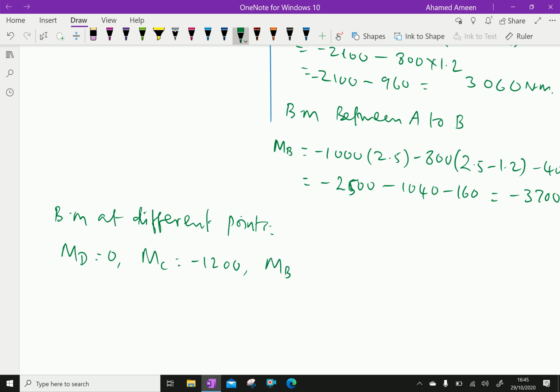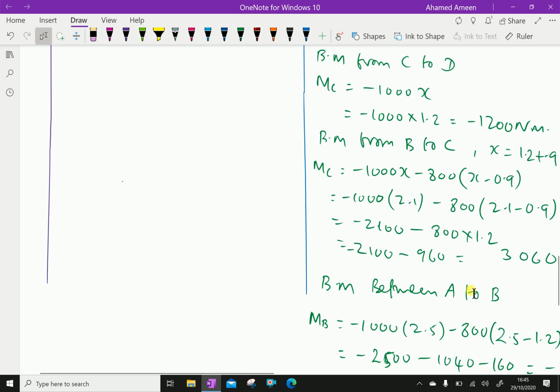BM at B is minus 3060, and MA is minus 3700, all minus. Here we have to put these points.